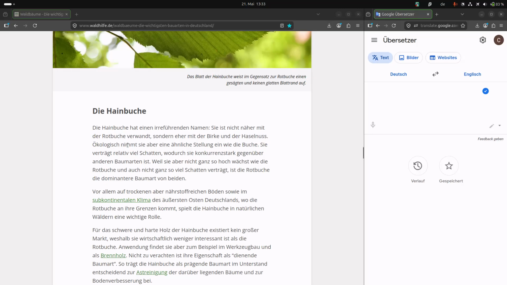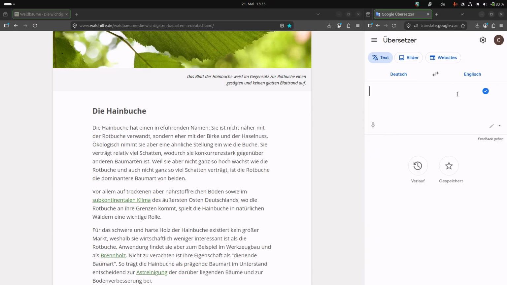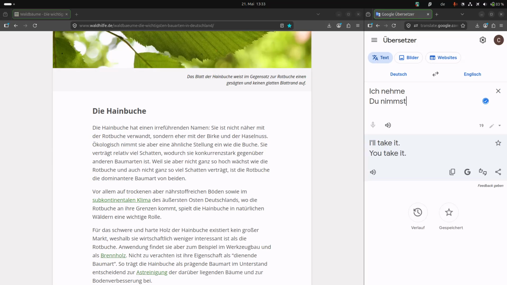ecologically, nimmt, takes, this derives from the word nehmen, which kind of takes up a different or weird form when you conjugate it. Ich, at least for the third person singular, because ich nehme is still kind of normal. And then it kind of gets weird, du nimmst, because this is not necessarily too related, but I guess this just evolved over time with speaking.